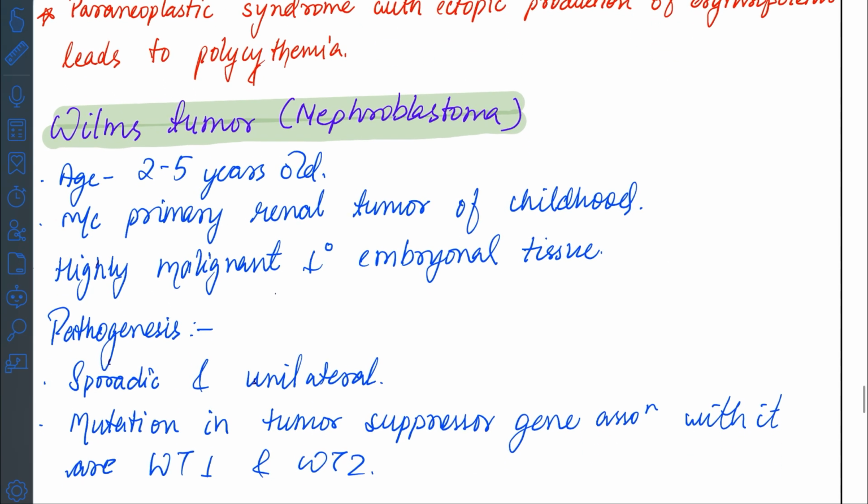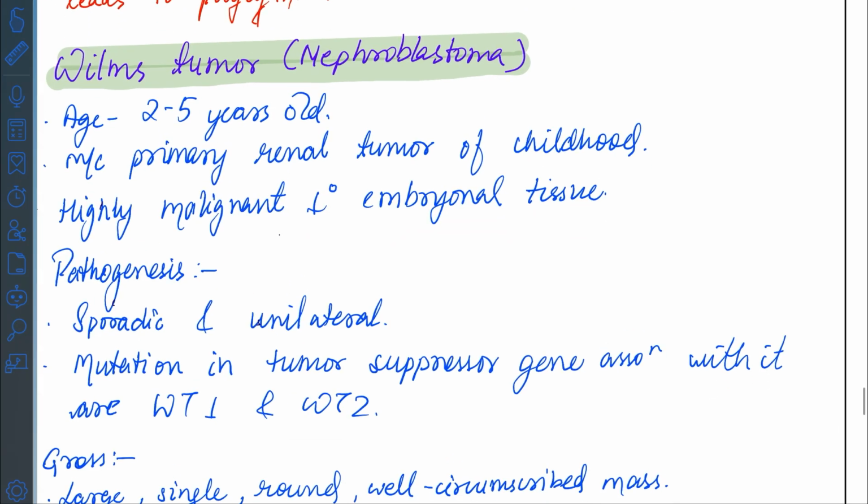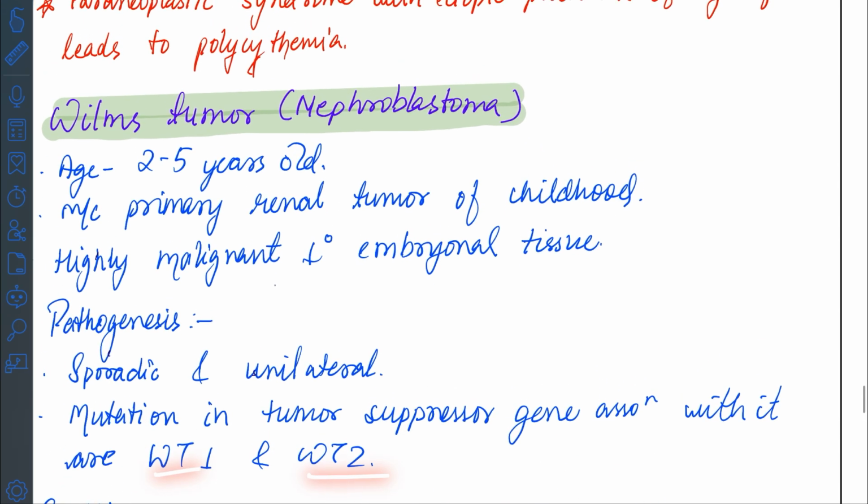It is a highly malignant primary embryonal tissue tumor. The pathogenesis can be sporadic and unilateral. There is mutation seen in tumor suppressor genes WT1 and WT2, that is Wilms tumor 1 and Wilms tumor 2. Mutation in these genes can lead to Wilms tumor.